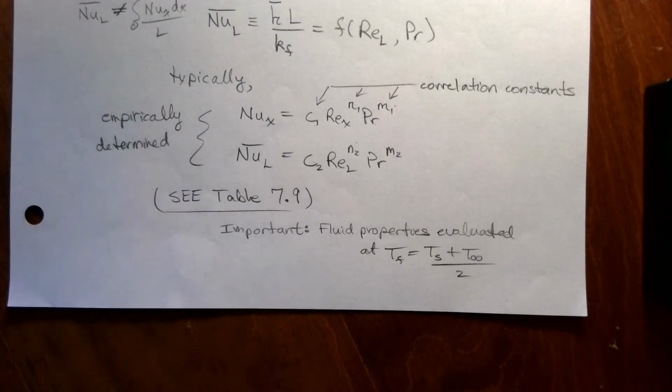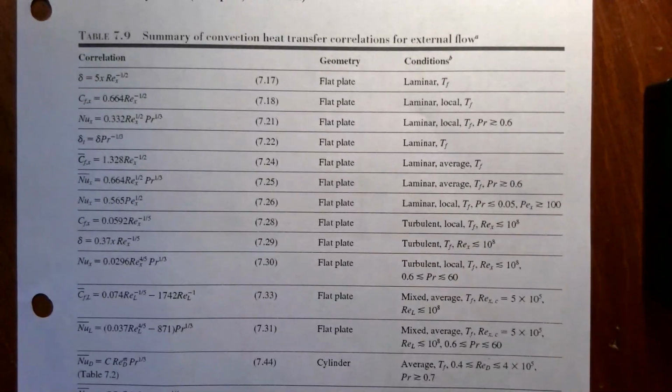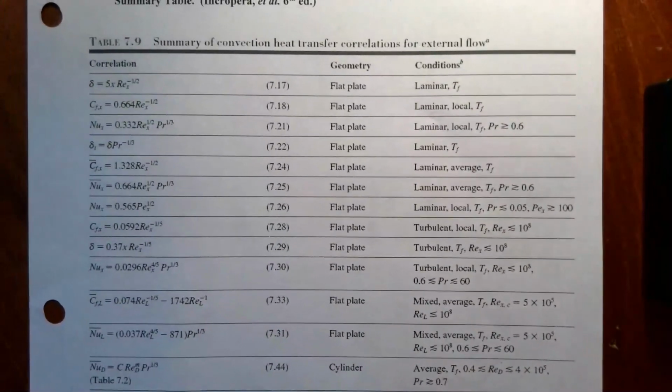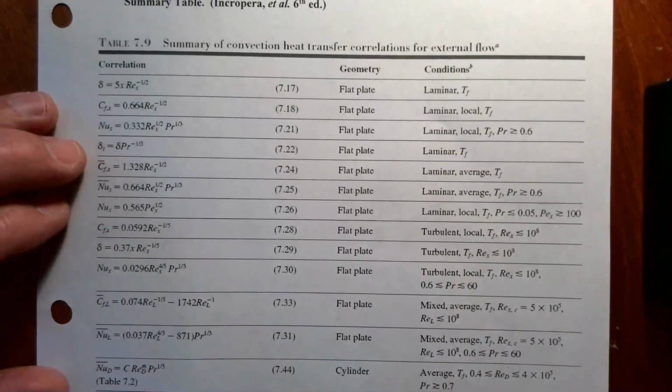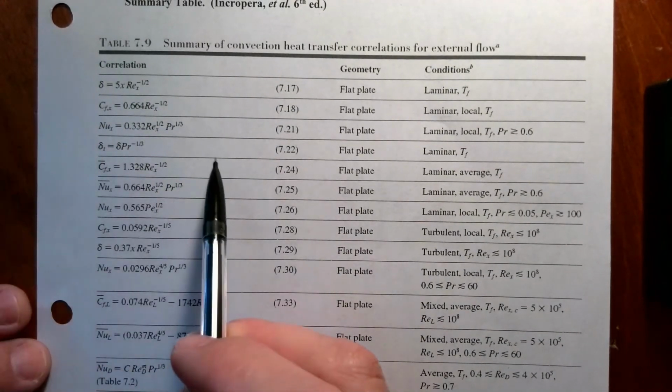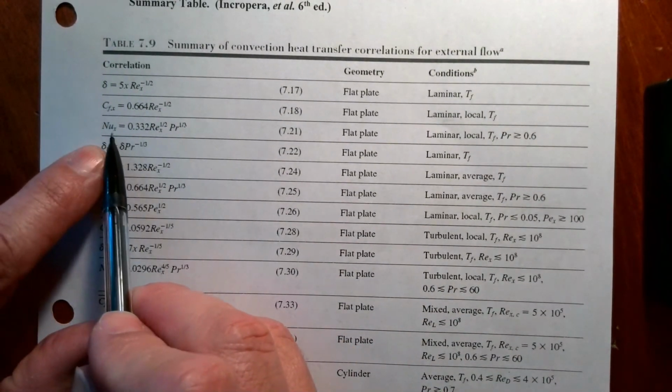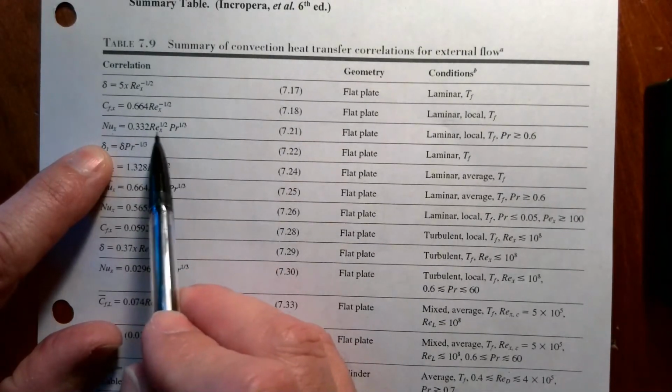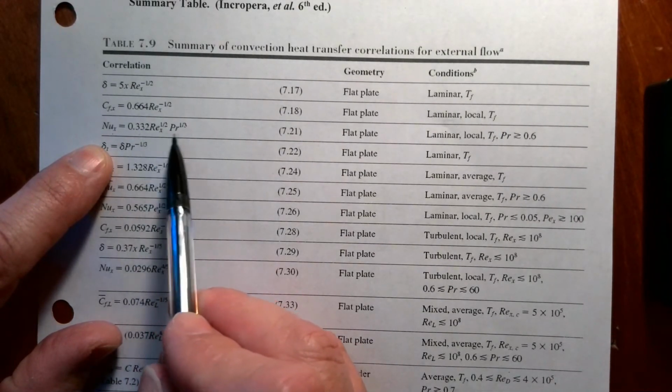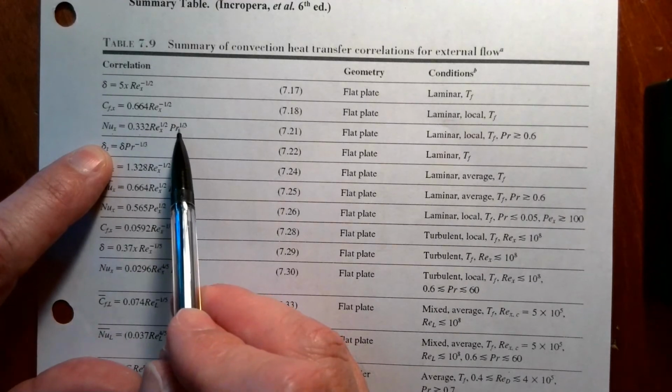And as an example, if you go to Table 7.9, we'll look ahead a little bit into Chapter 7. Right, here's a long list. You'll have this available, you'll have an open book test. Here's a long list of some of the coefficients. So here's the local Nusselt number, a constant times the Reynolds number to the 1/2 times the Prandtl number to the 1/3.